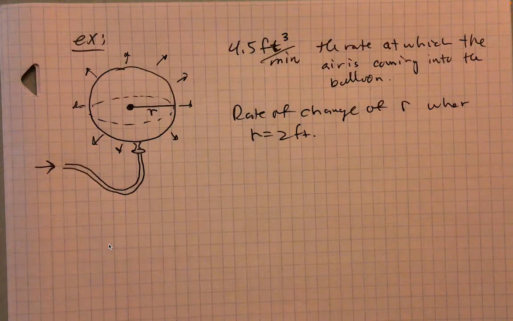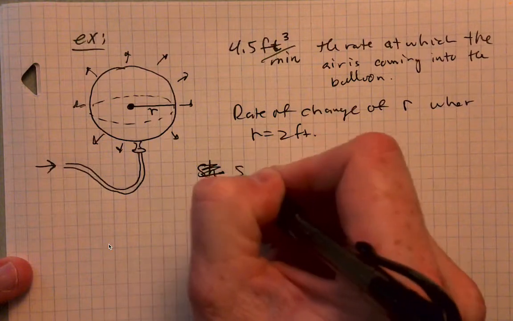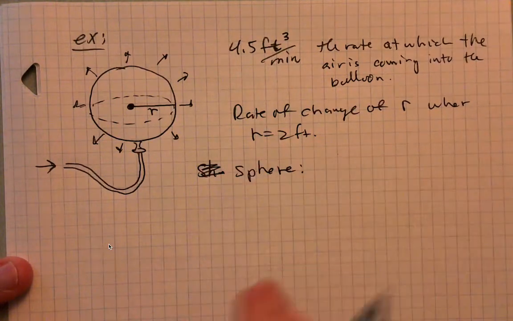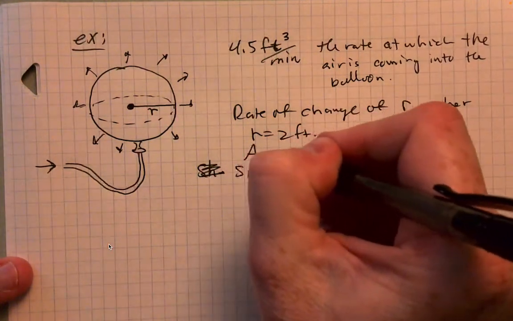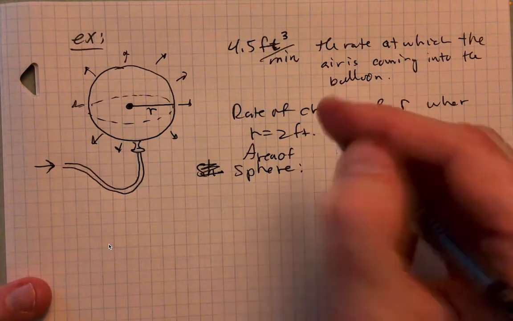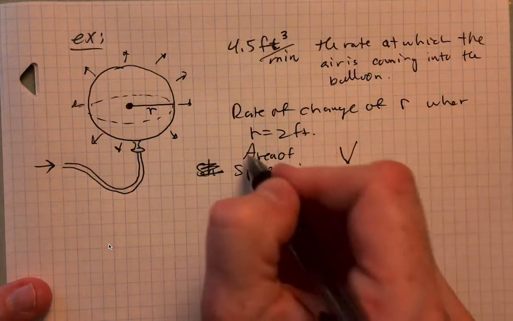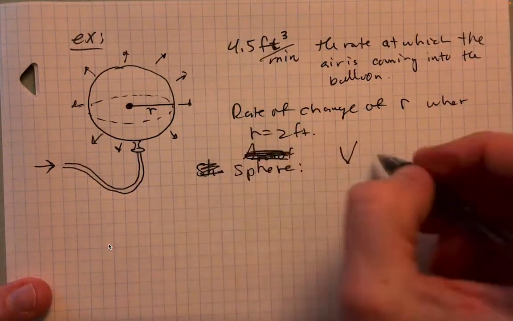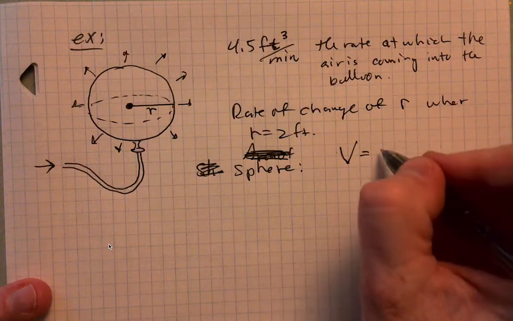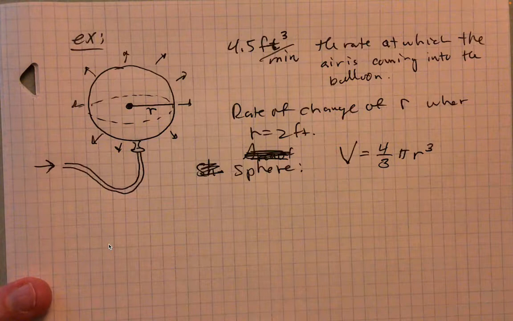All right, so this is a sphere. So we need the area of the sphere. The area of a sphere is, oh, sorry, not the area, the volume. The volume of a sphere is 4/3 pi r cubed.